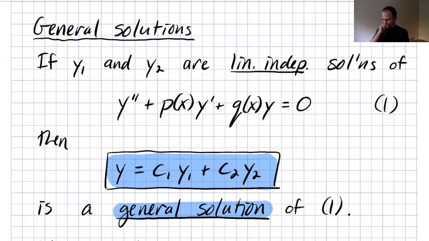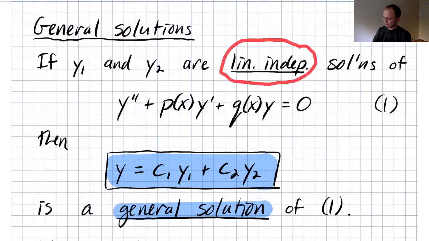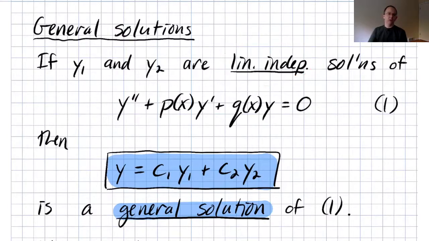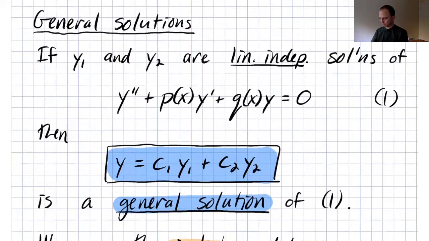That means that any solution of this differential equation can be written in this form. And that is only possible if we have two linearly independent solutions of this equation. So that's why it's so important to get two linearly independent solutions.